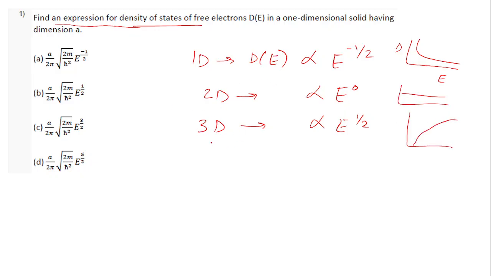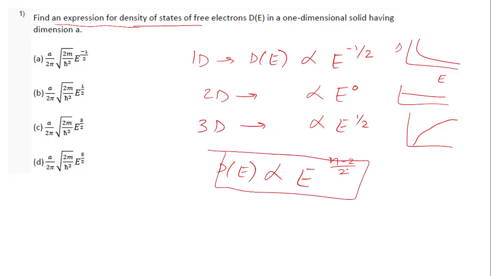So in general, if we want to generalize, the density of states depends like E to the power (n minus 2) divided by 2. If you remember this expression, you'll be able to find out.